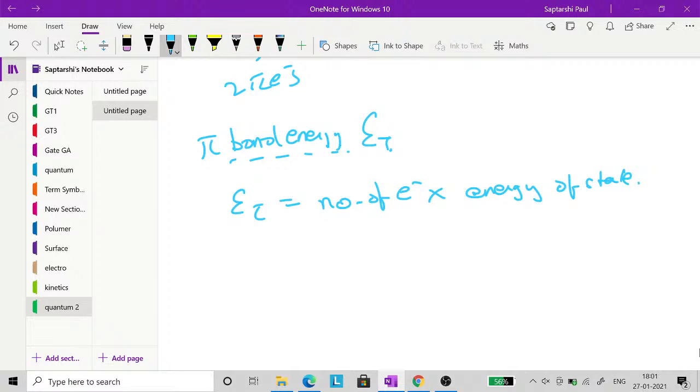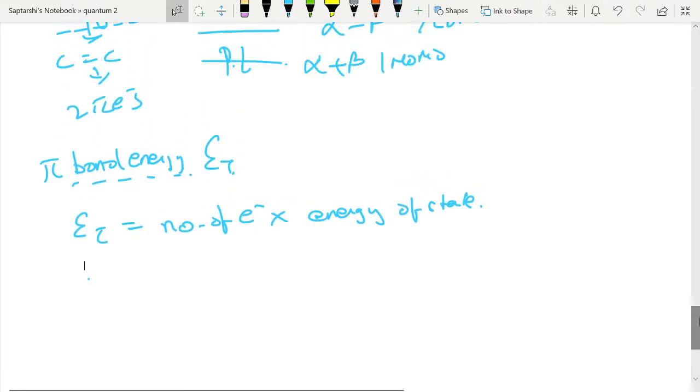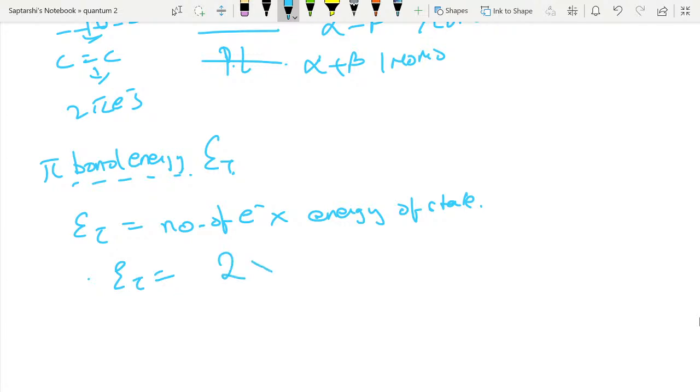For this ethylene molecule, the number of electrons is 2 and the energy of the state is alpha plus beta. Therefore, it equals 2 alpha plus 2 beta.